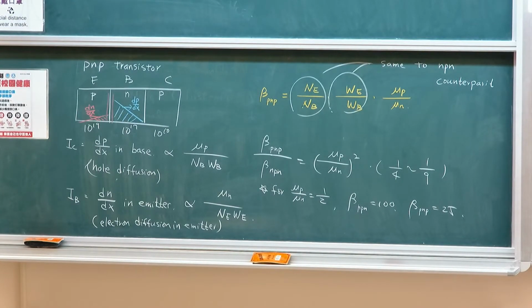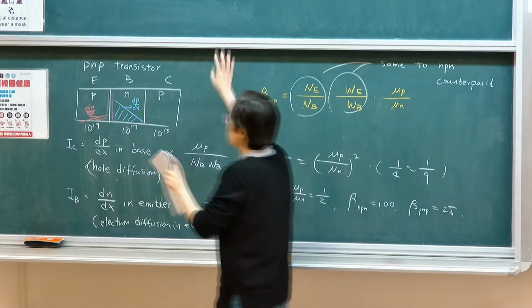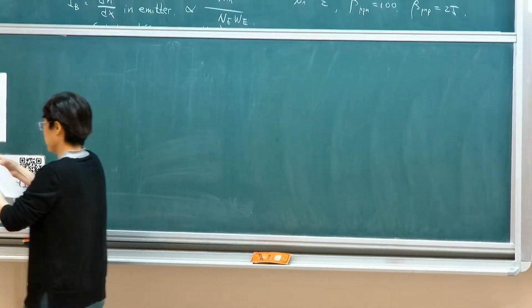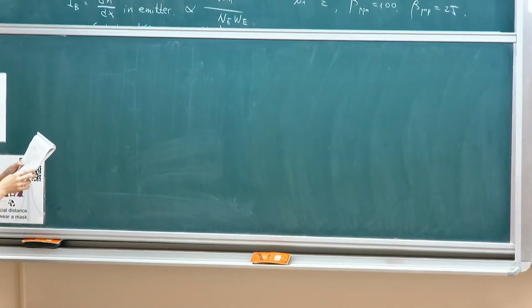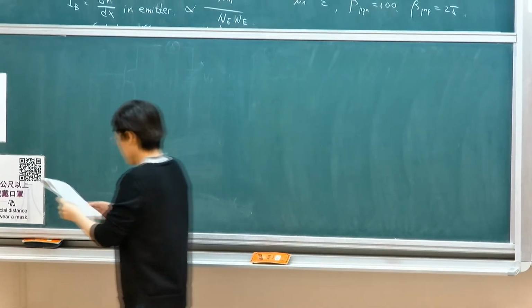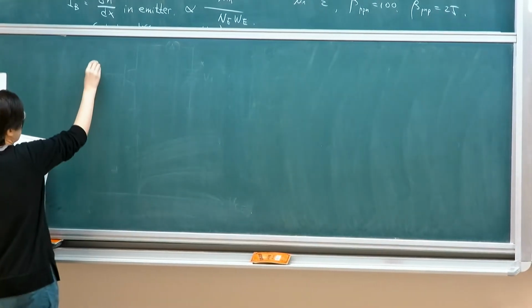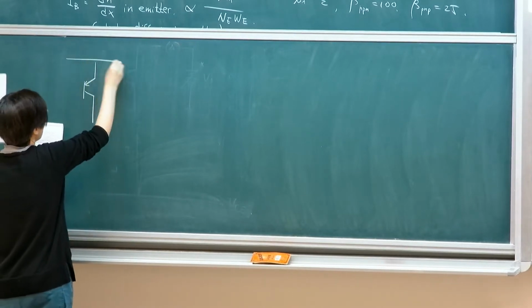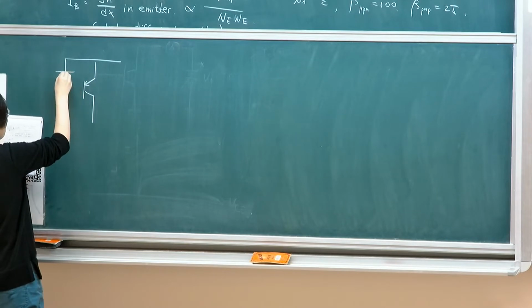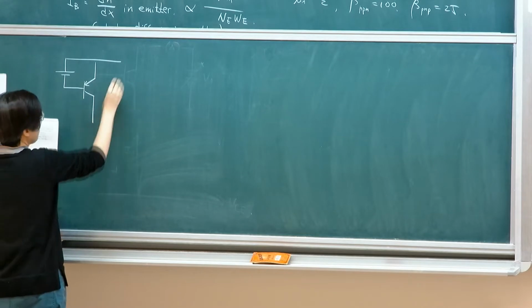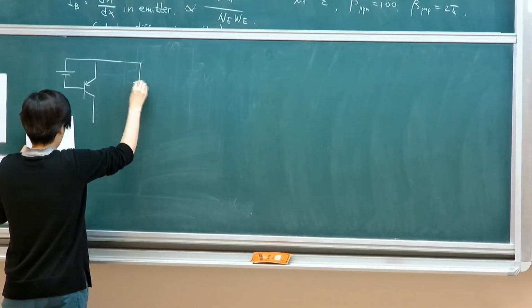But then we can still construct its model. Its model will be the same as an NPN transistor. The operation of an NPN transistor will be more like this. A PNP transistor will be more like this. For biasing these junctions, I can still operate it this way.